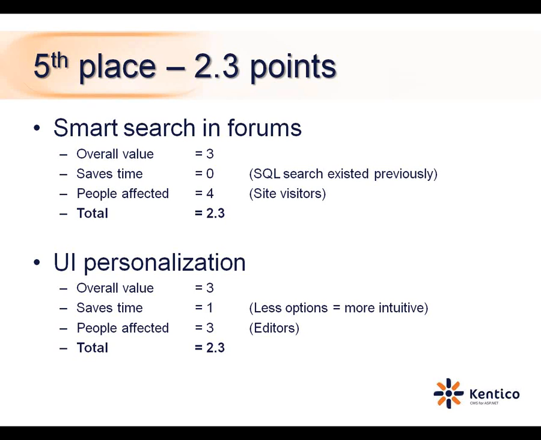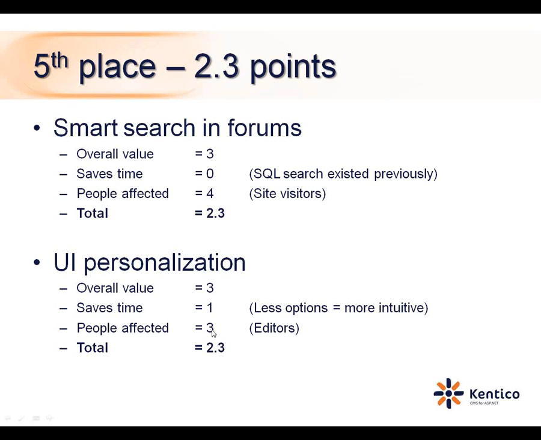People who are affected by this feature are actually site visitors, almost all of them, because usually most of the site visitors somehow participate in the forums if you have some community site. And the overall value is also very big, because with powerful search, you can get results much more effectively than usually.